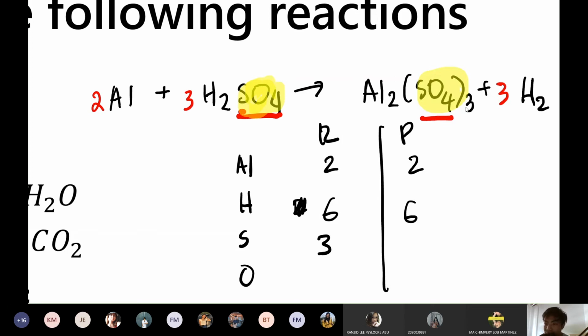Pero again, may subscripts tell me na tatlo yung SO4 dito. Hence, tatlo yung sulfur. So you distribute the 3 inside. So this is 3 times 1. So magiging 3 din yung sulfur ko. Then lastly, oxygens. So this is 4 times 3. 4, 8, 12. Then ito, this is 3 times 4, which is also 12.